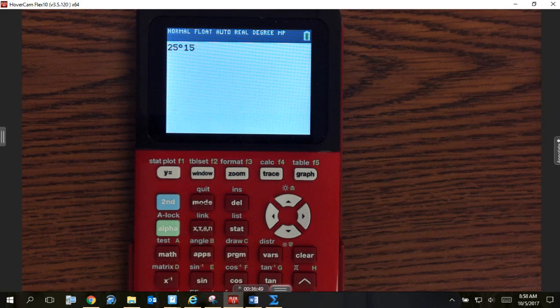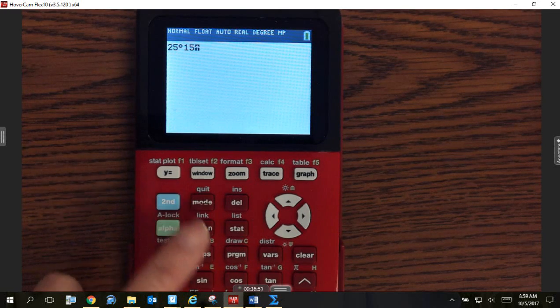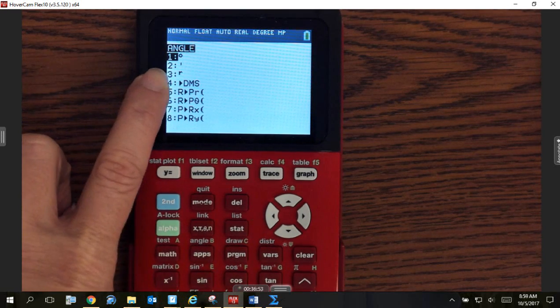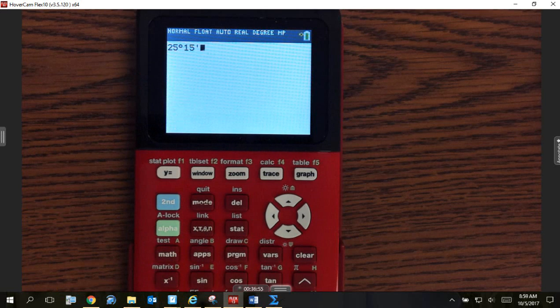And then the next number is 15 minutes. So you type 15 and then go back to the angle button; the minutes symbol is number 2. So you type that in. Then we type in 45, but for some reason, I don't know why, the seconds quotation mark is not under angle. It is alpha plus sign. You see it above the plus sign?